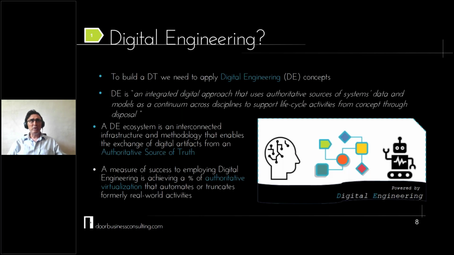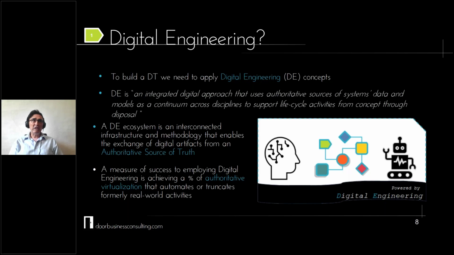But how do we do that? To build a digital twin, we need to apply something called digital engineering. Digital engineering is not a single thing, but is like merging a lot of different disciplines from engineering, 3D, but also from model-based software engineering and model-based system engineering.